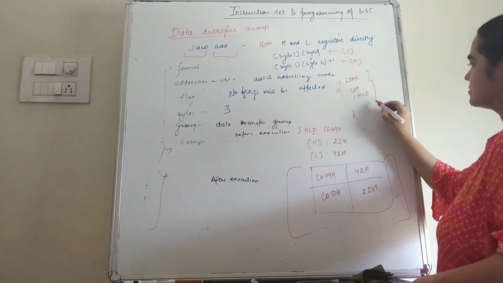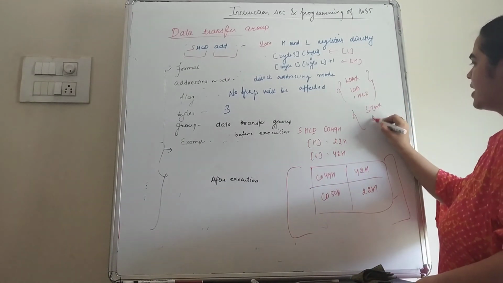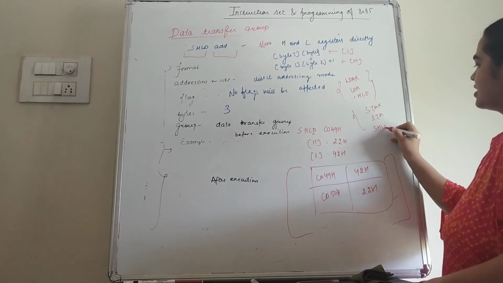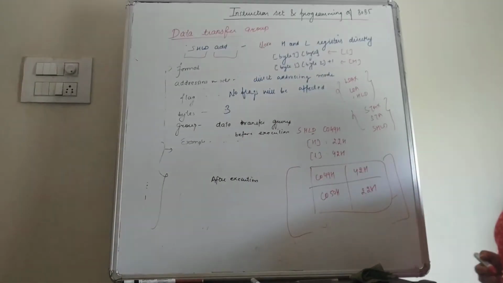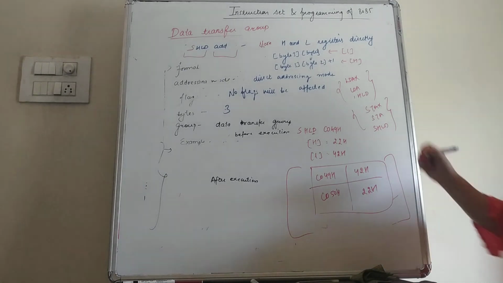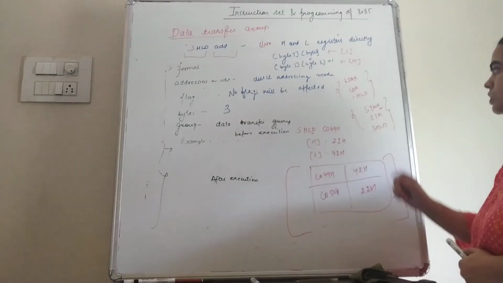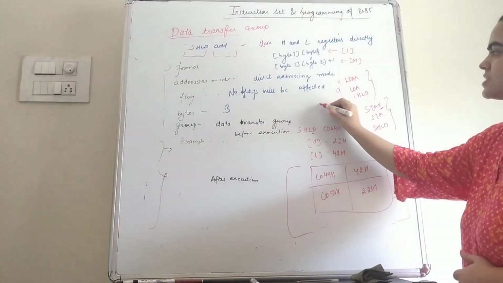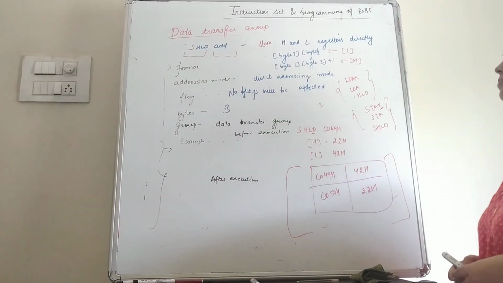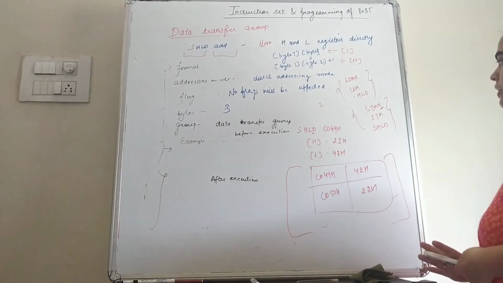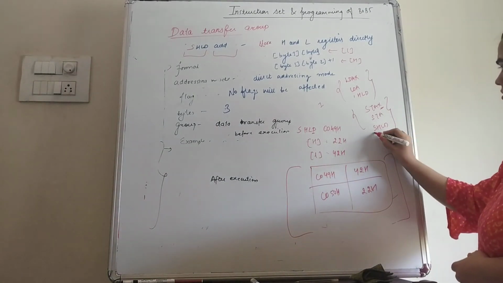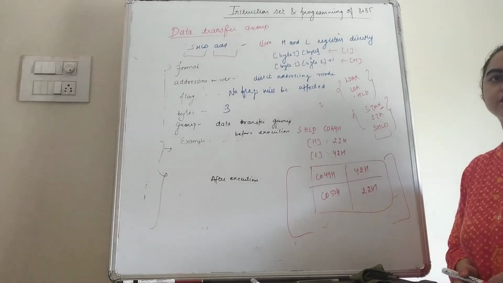Next are STAX, STA and SHLD. These can be used to store the contents of the accumulator. If X is specified in the instruction, that means we are talking about the register pair. If I is specified in the instruction, that means we can immediately transfer the data. So this is about the data transfer group.